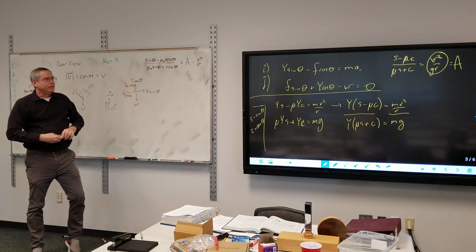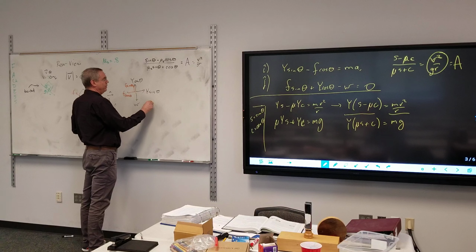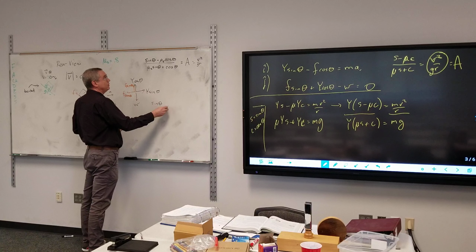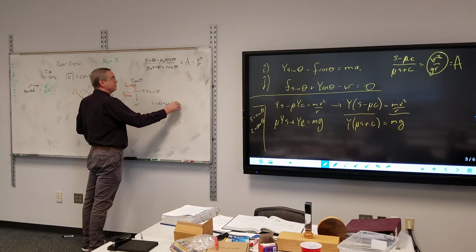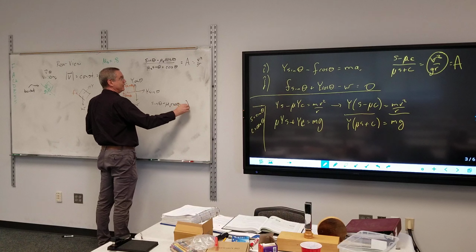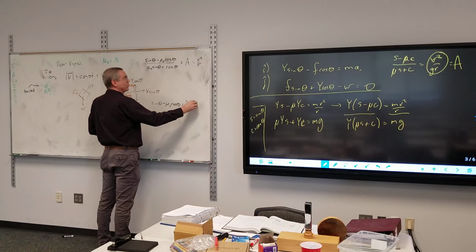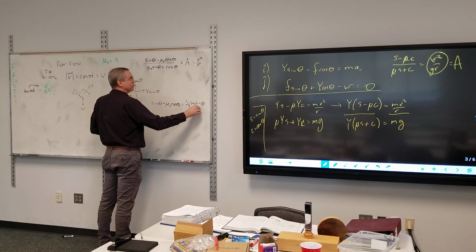Multiply both sides. All right, so we end up with sine theta minus mu s cosine theta is equal to A times mu s sine theta plus cosine theta.